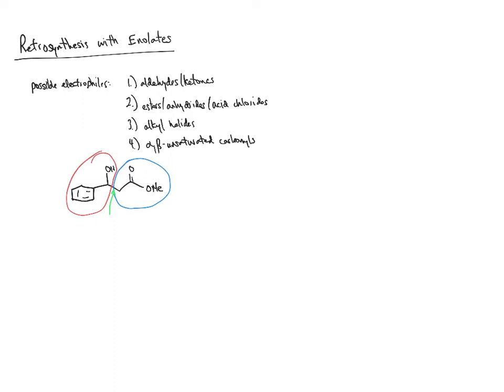So we know that the enolate is going to be nucleophilic, and so the enolate will look like this. And of course we can have a resonance form where we draw the negative charge on oxygen. And this enolate can form by deprotonation of an ester with an appropriate base.